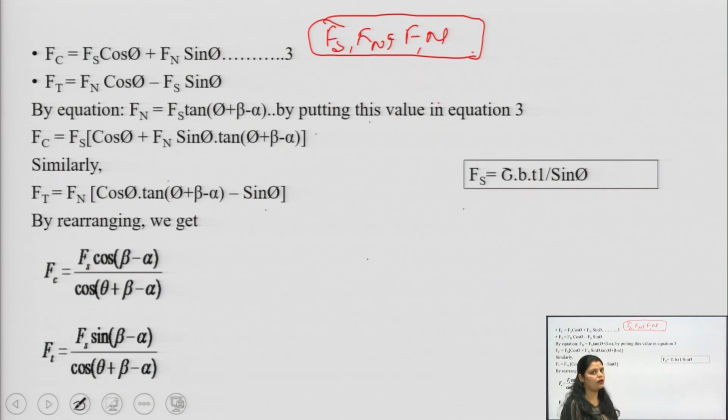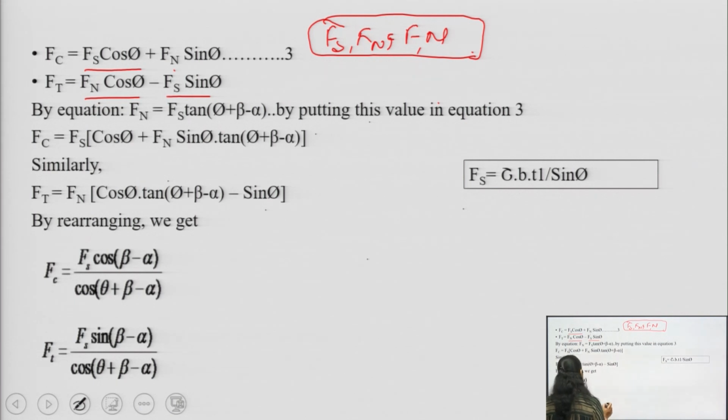Fc is basically our cutting force and this is our thrust force. So, Fc we can see from the equations that Fc is equal to Fs cos phi plus Fn sin phi and Ft is equal to Fn cos phi minus Fs sin phi.